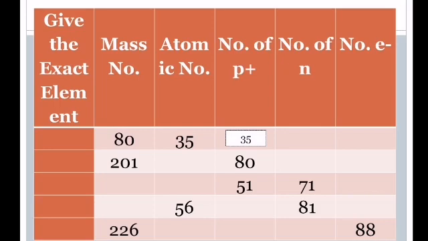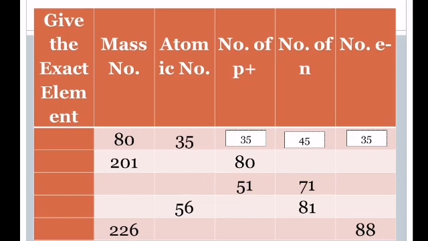So you have 35 because that is your atomic number. And also for the electrons, you have 35. For the number of neutrons, you have 45. How did you get 45?